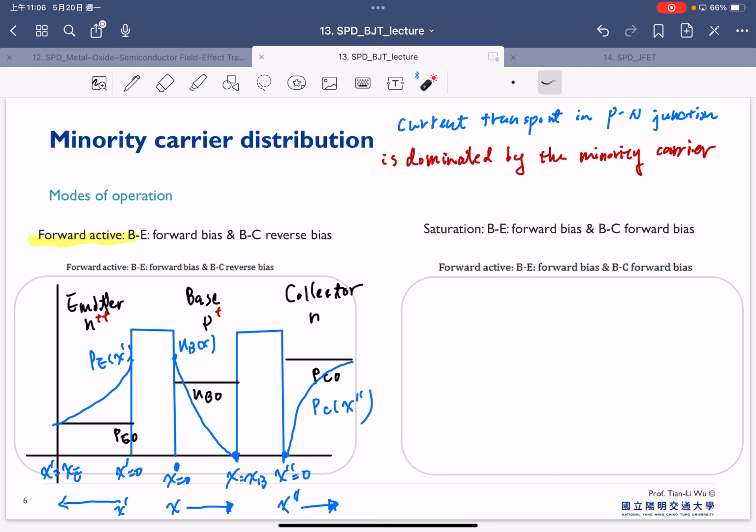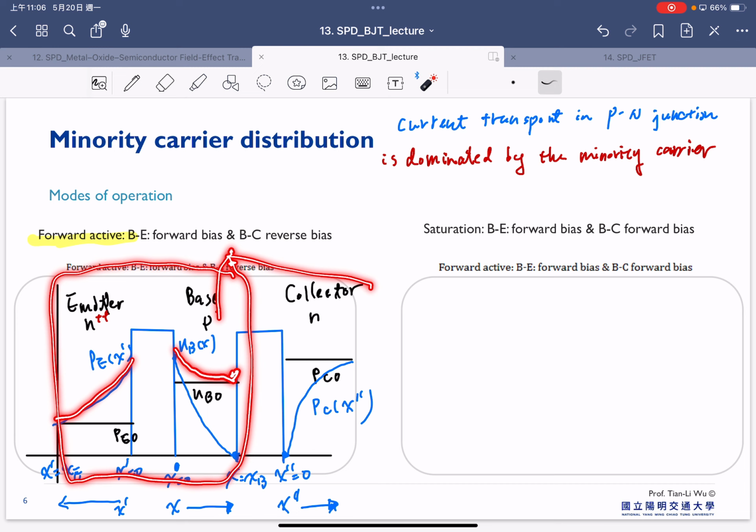It's not easy to understand, to be honest. So again, let's just look at this one. This is a typical p-n junction. As I already said, if you look back to the minority distribution in the p-n junction, we already expect the result like this one. Now the only difference here is that right now this is a reverse bias.